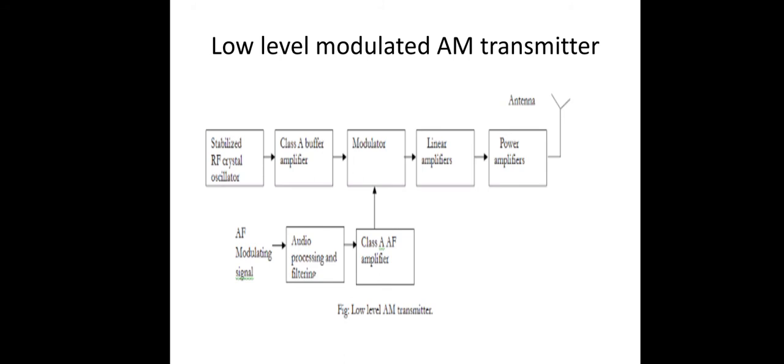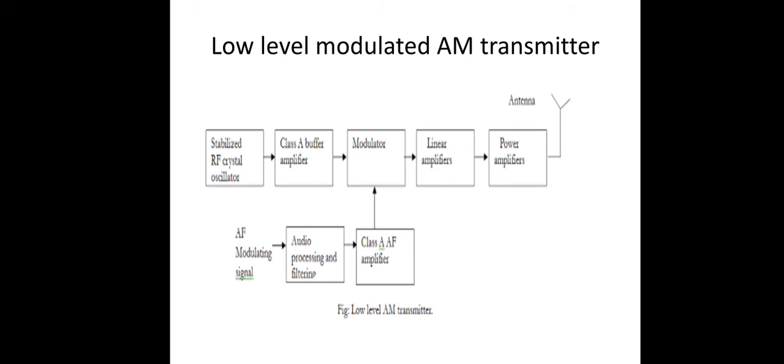Then this signal is amplified by using a chain of linear amplifiers to raise its power level. The linear amplifier can be a class A, class AB or class B type amplifier. Linear amplifiers are used in order to avoid waveform distortion in the AM waves. Then the amplitude modulated signal is transmitted using the transmitting antenna.